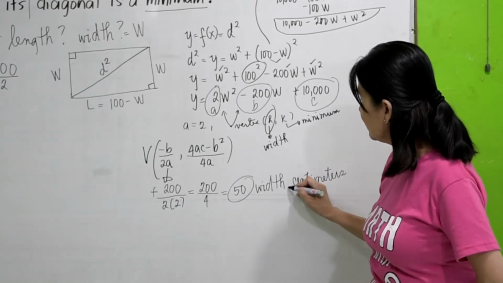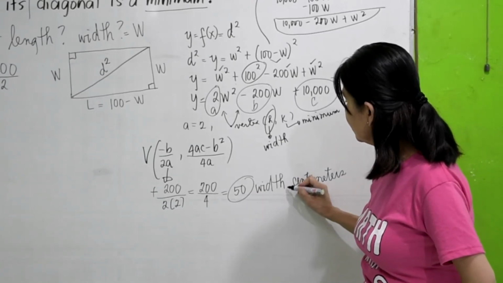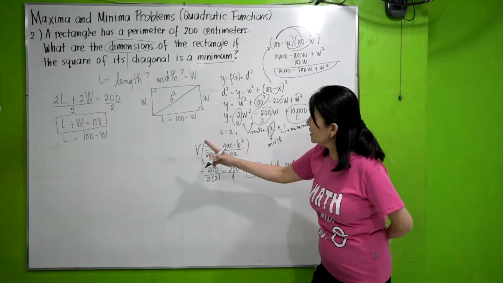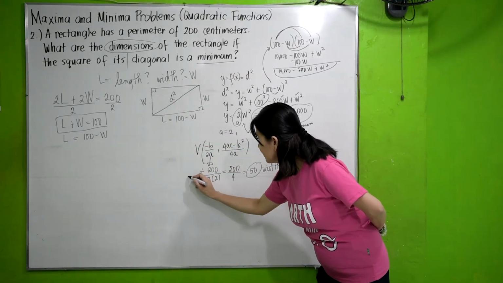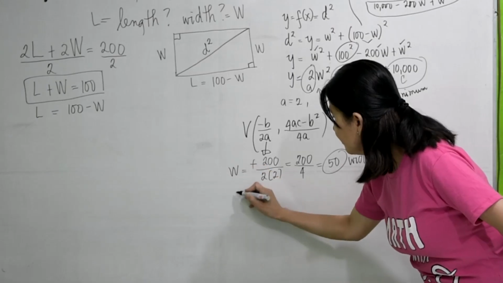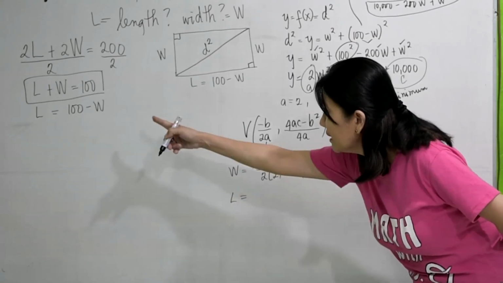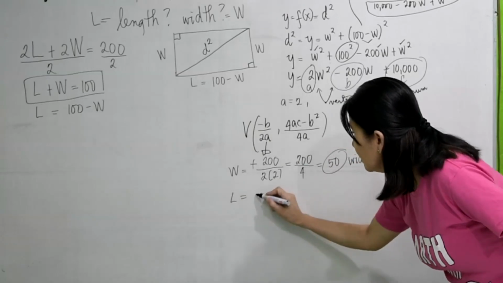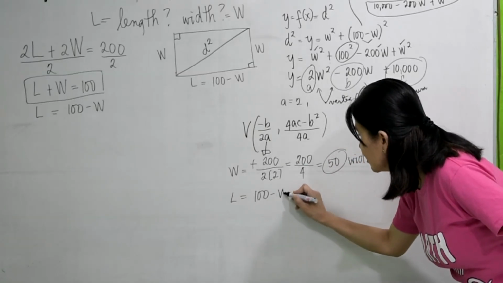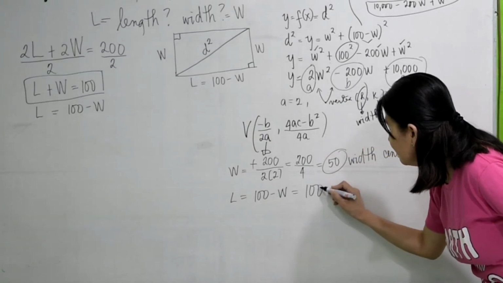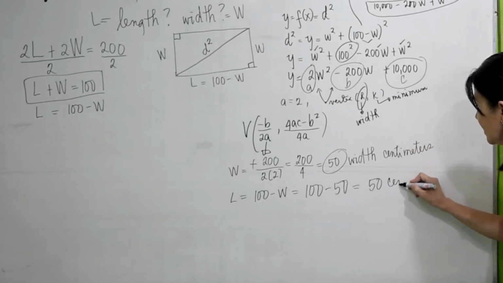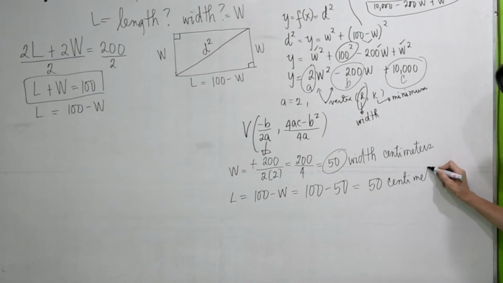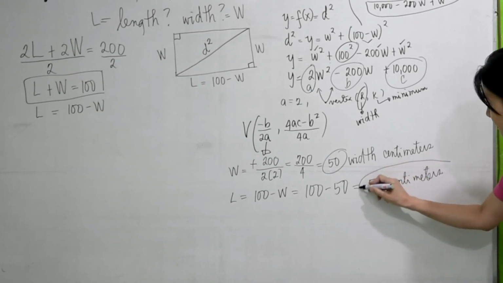If the width is 50 centimeters, what is the length? The length is given by this formula, 100 minus W, or 100 minus 50. So we have here 50 centimeters. There.